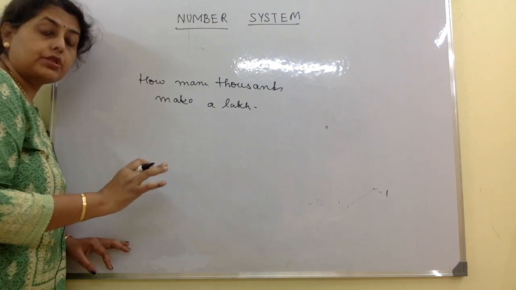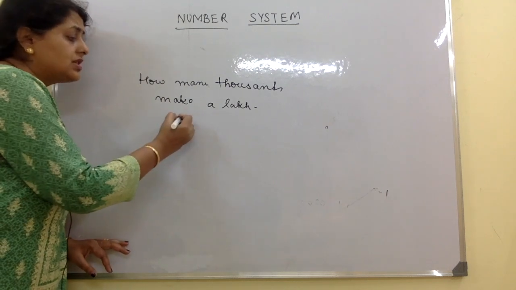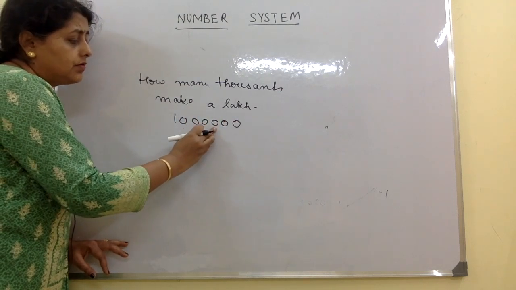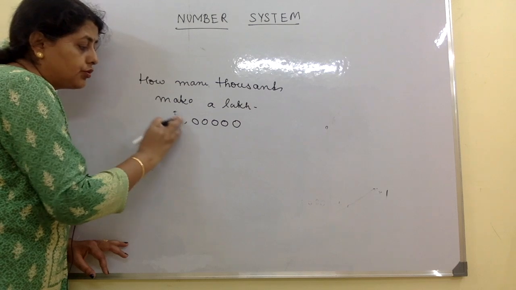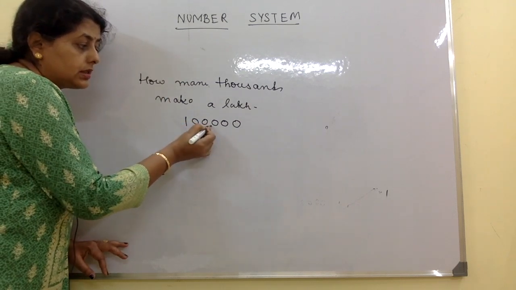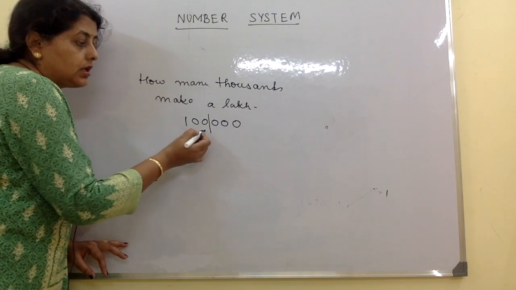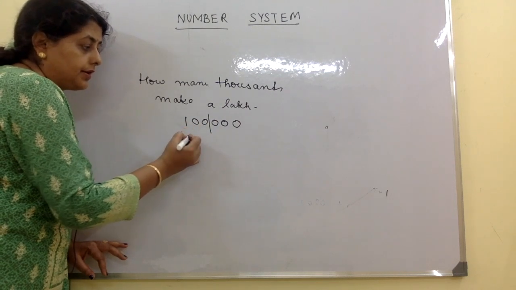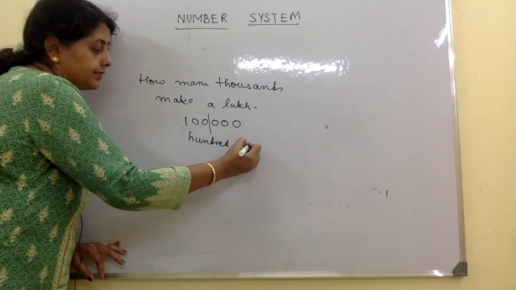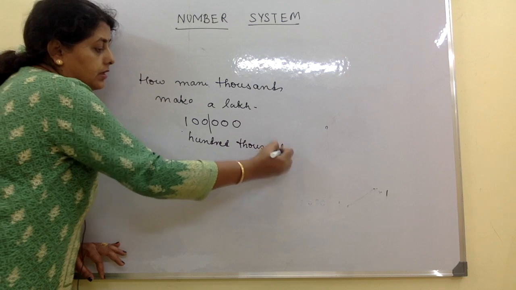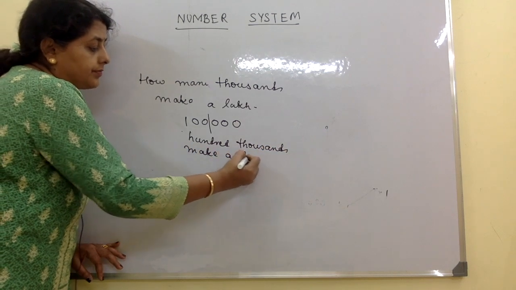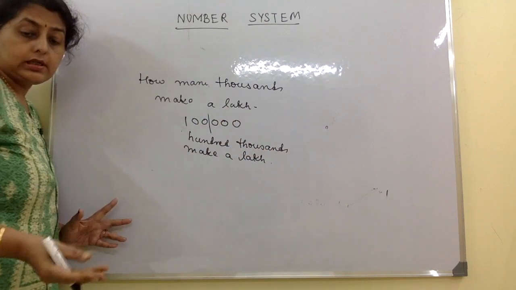Just write a lakh first. 1 lakh is 5 zeros. 1000 is here with 3 zeros. Whatever is to the left, 100, that is 100 thousands. No calculations. 100 thousands make a lakh. This is your answer.